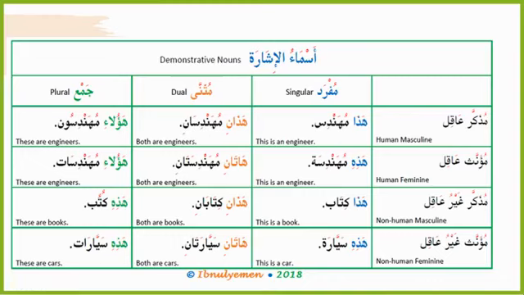And maybe I could indicate it with an annotation so you could see it. Here we go. So here's the actual form, and what you're adding onto it is really the an at the end. Muhandisan. Versus if it were feminine, well, let's see what it's going to look like. If it's feminine, hatani, muhandisatan.